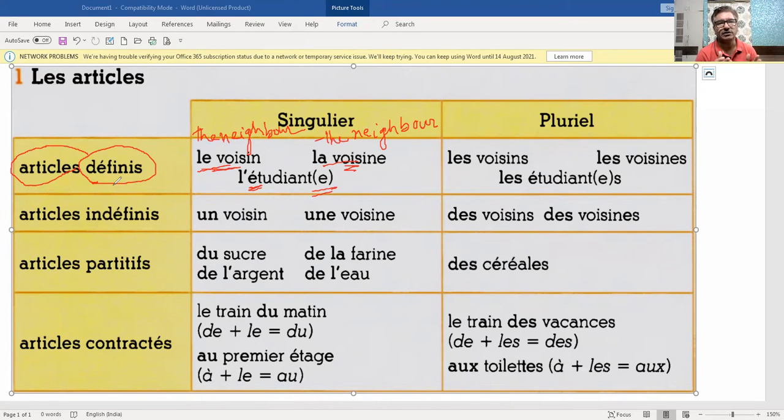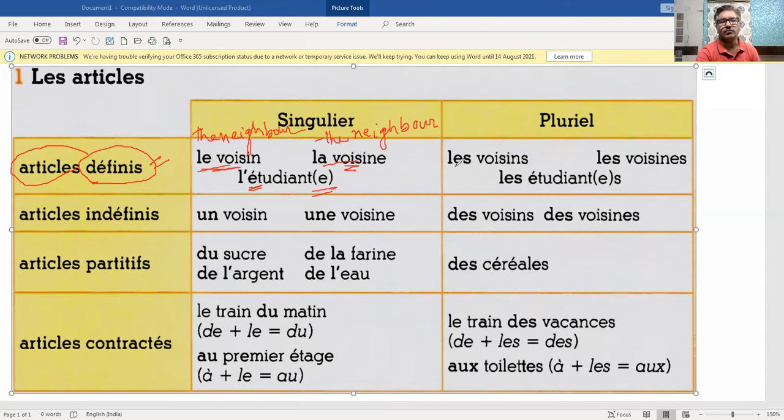For example, before the countries, we never say the India or the France. But in French, we say la France, l'Inde. So we put articles before the names of countries, generally, while using French, but we do not use the article before countries in English. So there are, of course, exceptions, or you may say differences in the usage.